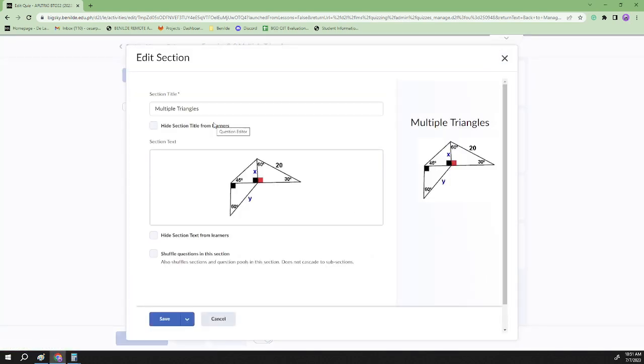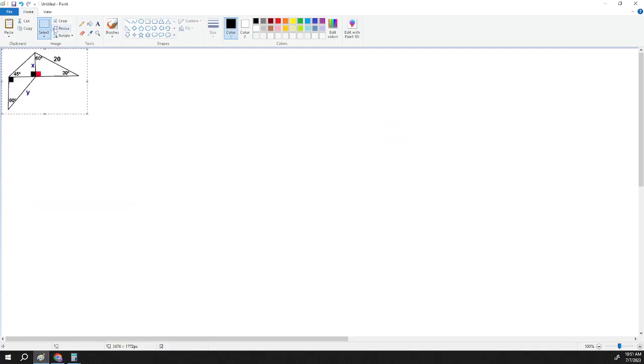Let's start with these multiple triangles. So given it is 30, 60, we have a 20 here. To get x, we simply use... So what is your answer here? What is x here? Anyone? 10.